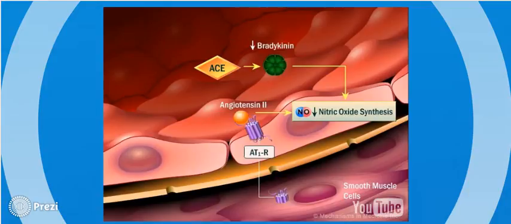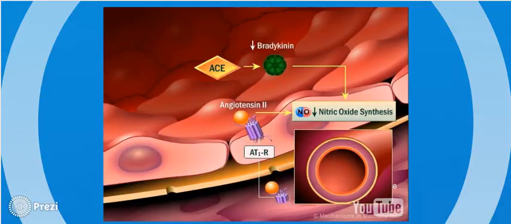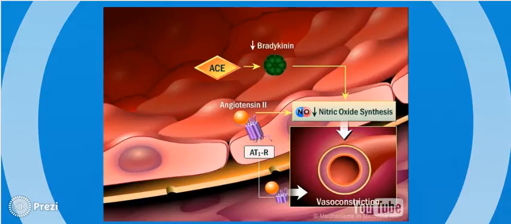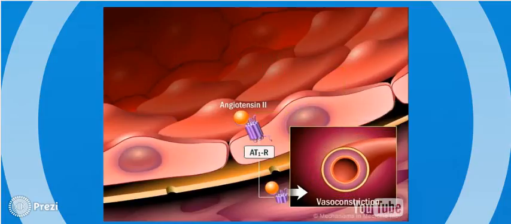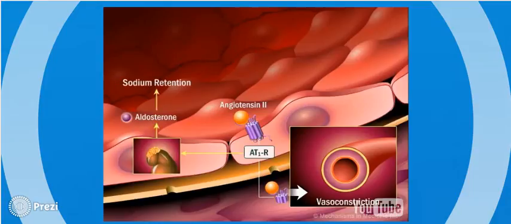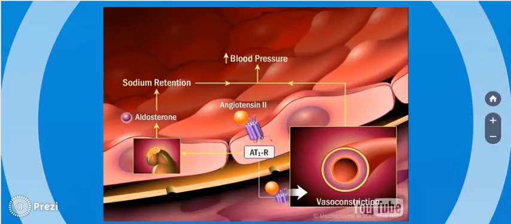Reduced bioavailability of nitric oxide combined with the stimulation of AT1 receptors on smooth muscle cells causes vasoconstriction. In addition, stimulation of the AT1 receptor causes the adrenal glands to release the hormone aldosterone, resulting in sodium retention. Combined with vasoconstriction, this increases blood pressure.